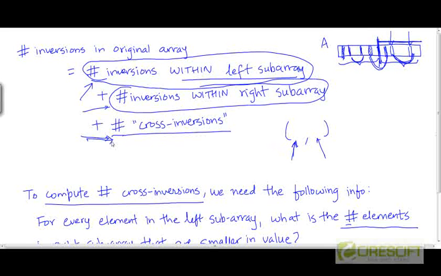And the third number is what we calculate alongside the merge step of merge sort. So by adding together some code for keeping track of these counters and summing up the values of the counters at different points, the merge step of merge sort can be augmented to return this information, the number of cross inversions. And once we know this information, we can compute the number of inversions within the original array.